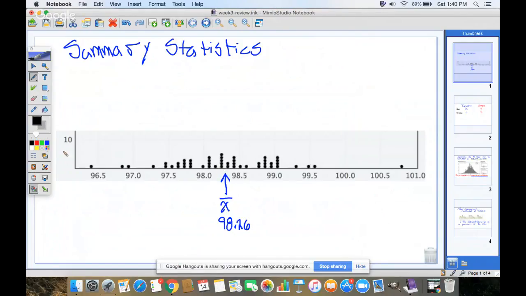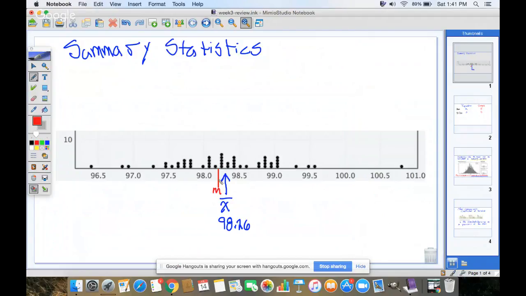Here our median is just a hair below, right about there is our median. And this outlier over here kind of pulls that mean away from the median.